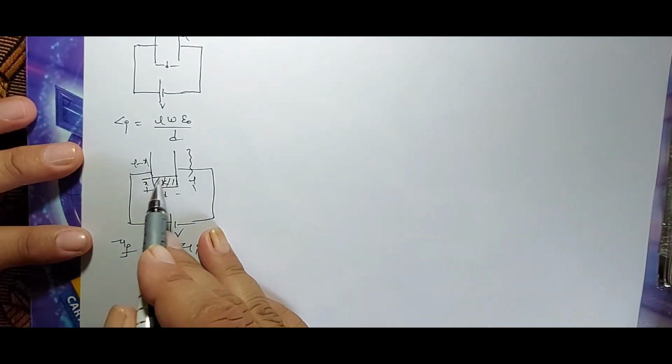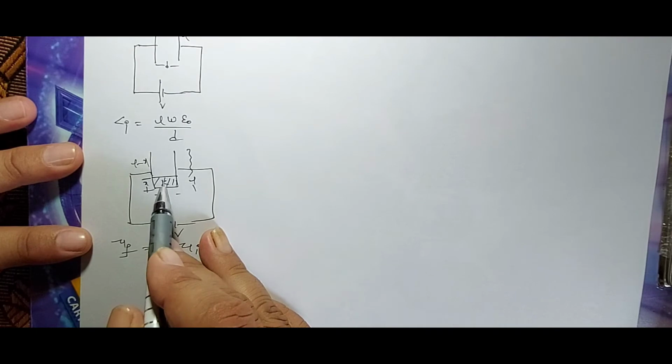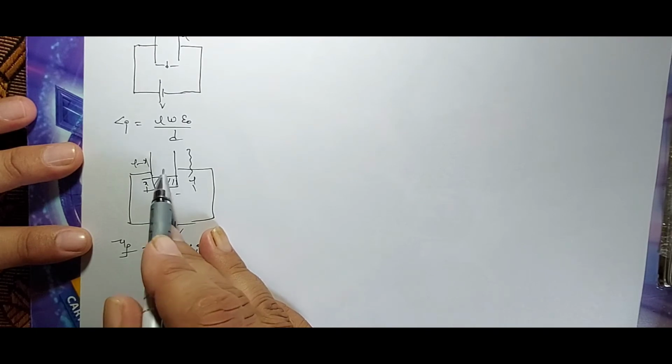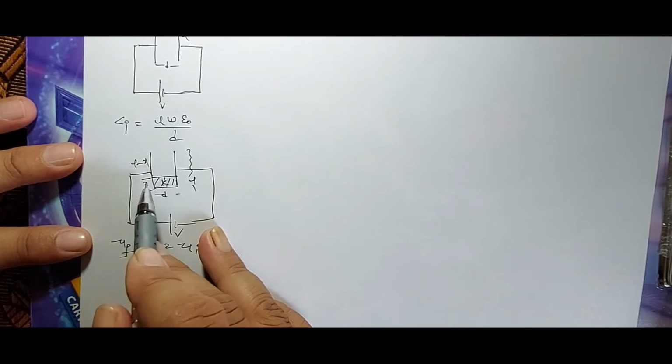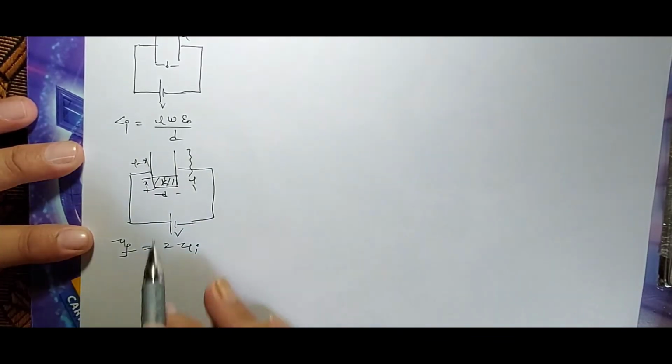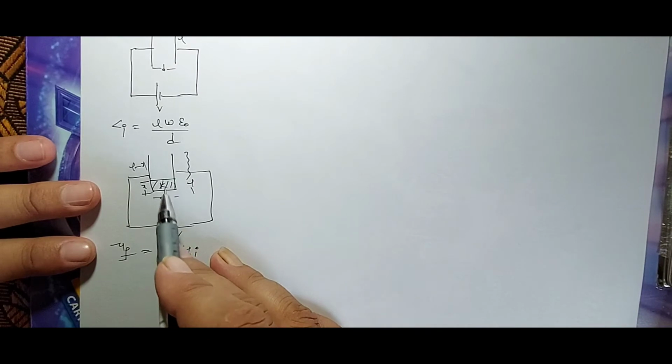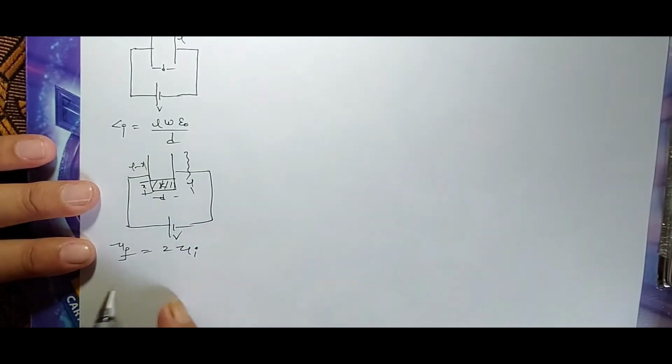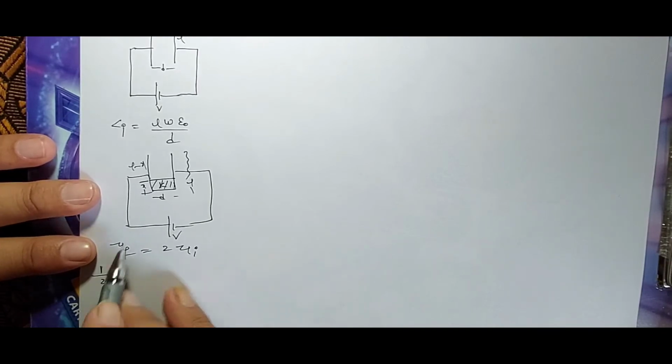Now, this combination behaves like 2 capacitors connected in parallel. Why? Because this end is connected to the positive terminal and this end is connected to the negative terminal. So this is a combination of 2 capacitors connected in parallel. Now, U final is half CV square, the energy stored in a capacitor, where C means total capacity, that is C1 plus C2.